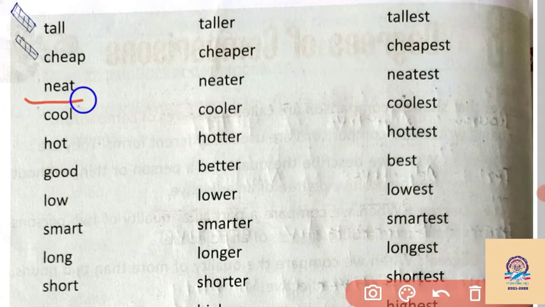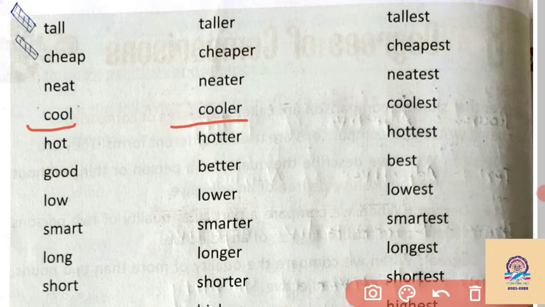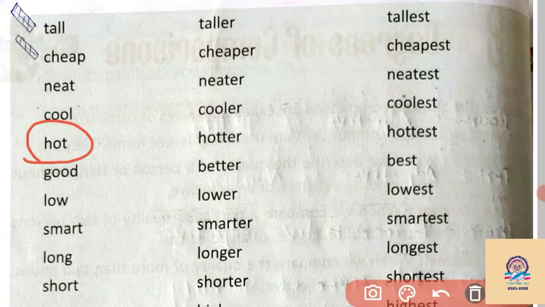Neat, we add er, neater, then neat changes into neatest in the superlative degree. Then cool changes into cooler and coolest in the superlative degree. Then hot is given here.